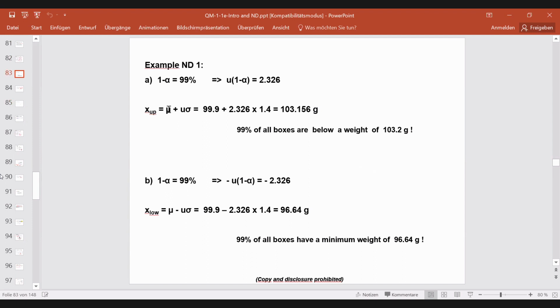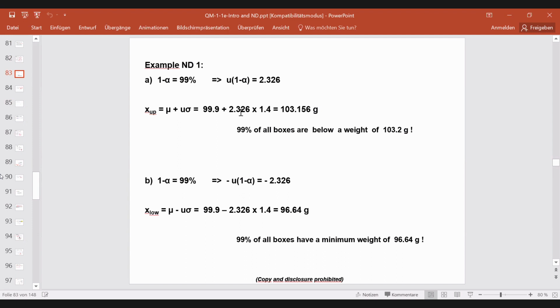Mu was given in the question, it is 99.9. And sigma was also given in the question, it is 1.4 gram. This is 99.9 gram, this is mu, and 1.4 gram is the standard deviation.